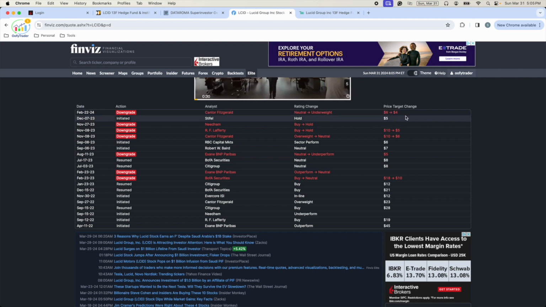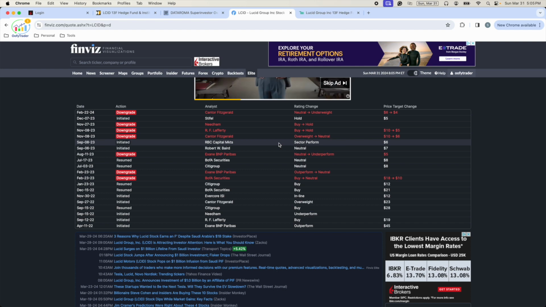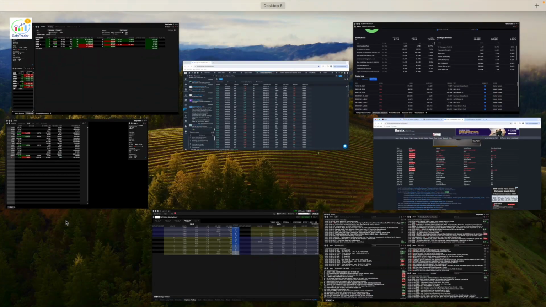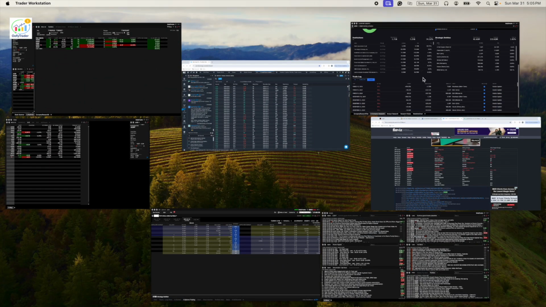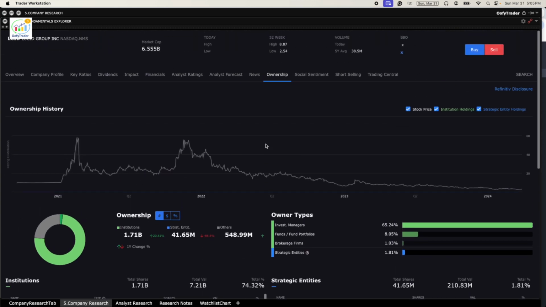So 3 places I look: these places down ratings, Benzinga ratings, and then Interactive Brokers ratings. They are very clear. The good part of Interactive Brokers is, let me go there. Yeah, so if you are not using Interactive Brokers, you can have this account open and just want to position.